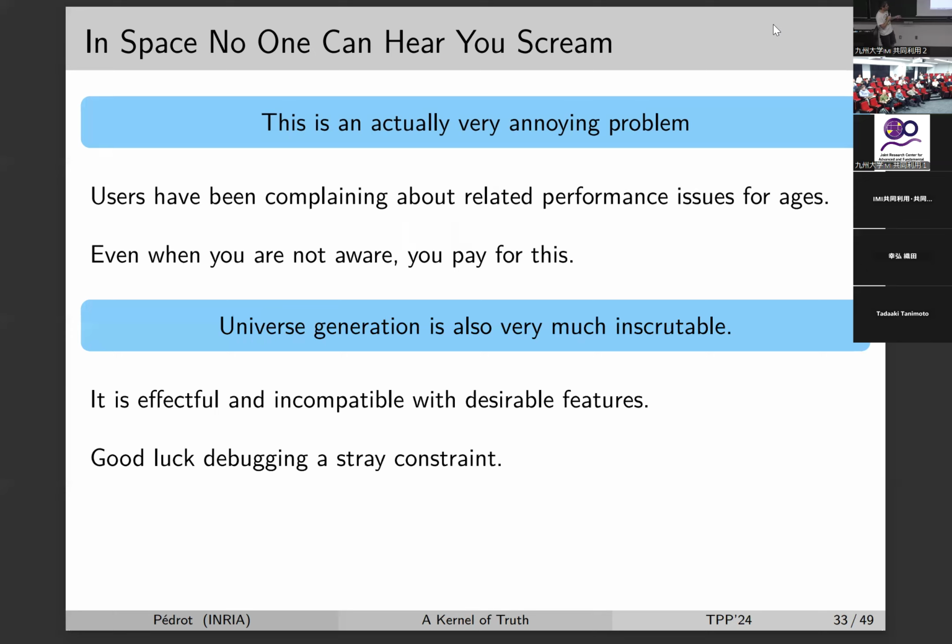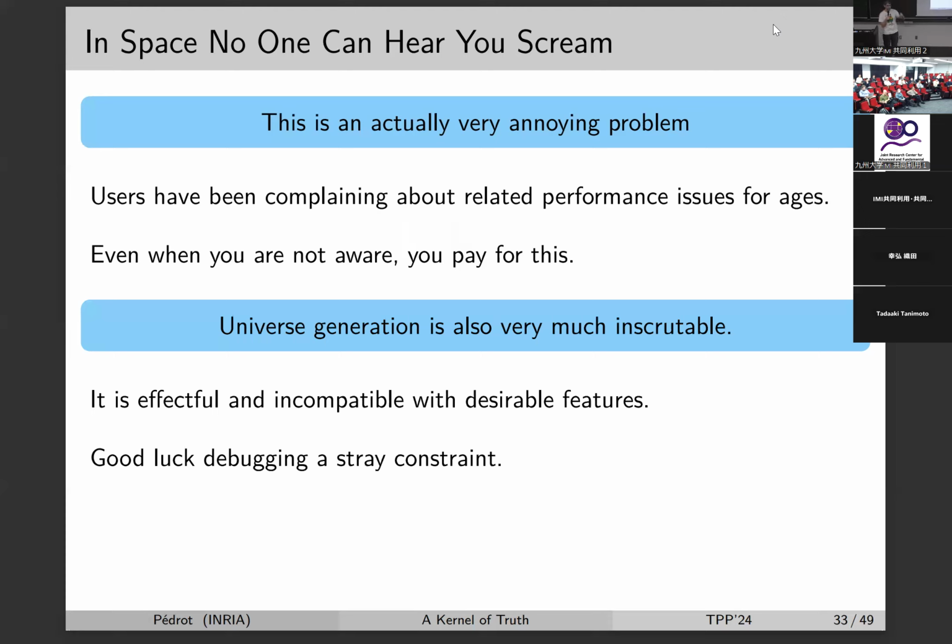And it's even worse than that, because this phenomenon of universe generation is extremely problematic. I was mentioning this morning to people who are unaware that, due to this design, you've been lied to. The Coq proof assistant is an effectful programming language. There is one effect, which is this universe level graph thing going on.